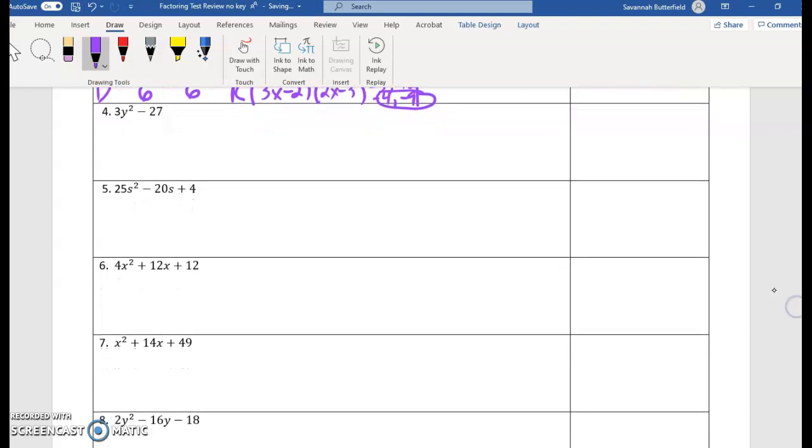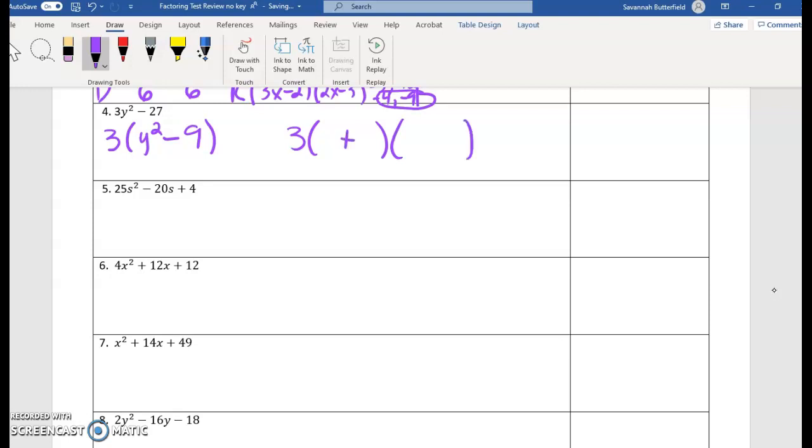Let's look at number 4. Again, we always look for a greatest common factor first. 3 and 27 are both divisible by 3. So I'm going to factor out a 3, and I'm left with y squared minus, and then 27 divided by 3 is 9. Now looking at what I have left, this is a binomial. We have two terms. So I'm going to see if I can take a difference of two squares. Y squared is a perfect square. 9 is a perfect square. So that means this is going to become 3 times, we have two factors.